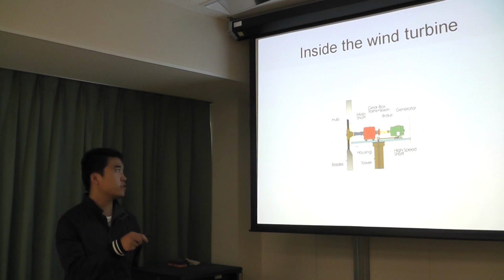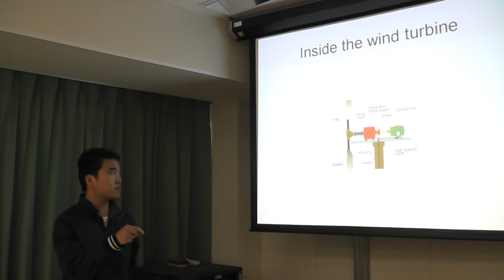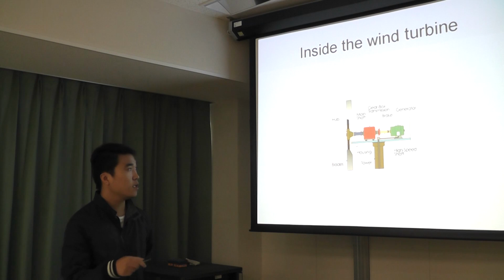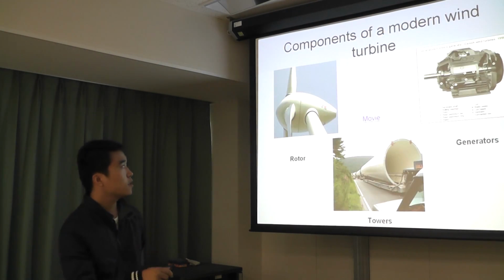The blade connects to the hub, the main shaft, the gearbox, and the generator. When the wind comes, it rotates the blades, which convert it to mechanical energy through the gearbox, and it turns into electrical power through the generator.